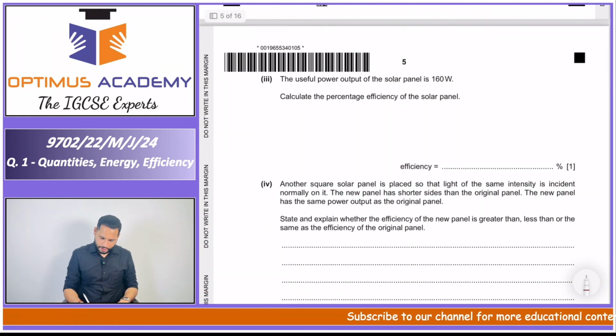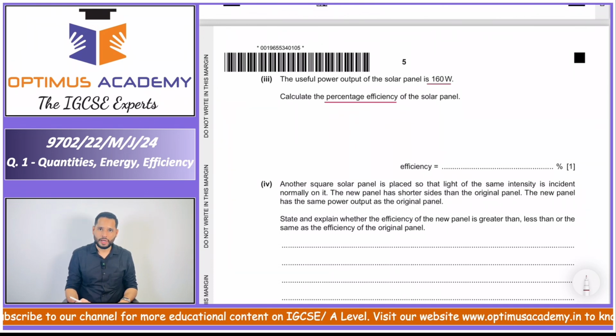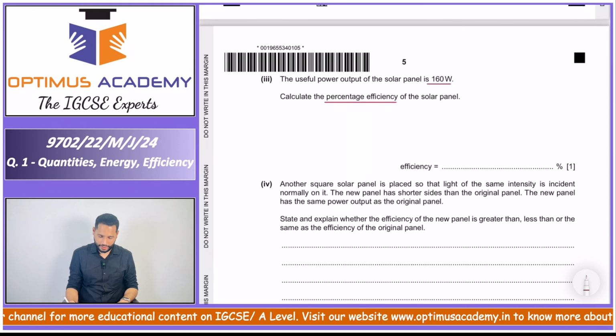Next question. The useful power output of the solar panel is 160 watt. Calculate percentage efficiency of the solar panel. The formula for percentage efficiency is output power upon input power into 100.